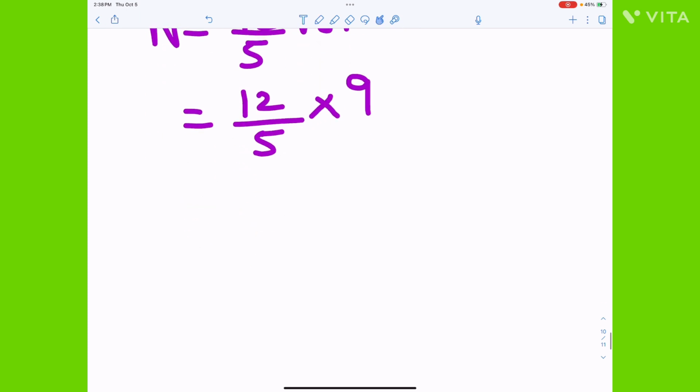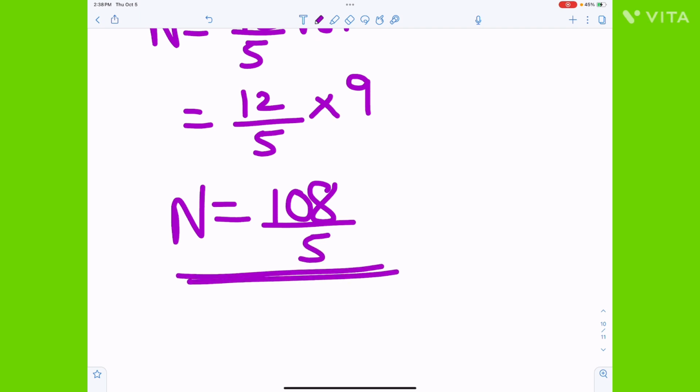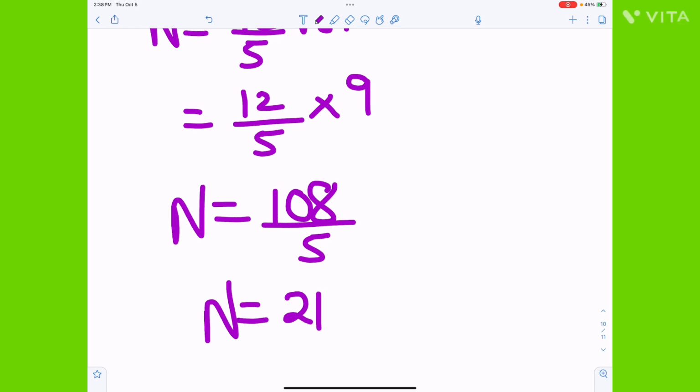That gives us n is equal to 12 times 9 is 108, and that's 108 over 5. You can simplify if you like and write n is equal to 21 whole number 3 over 5.